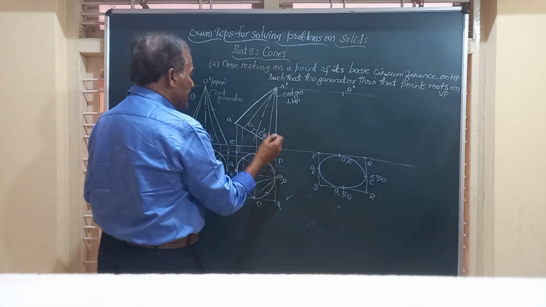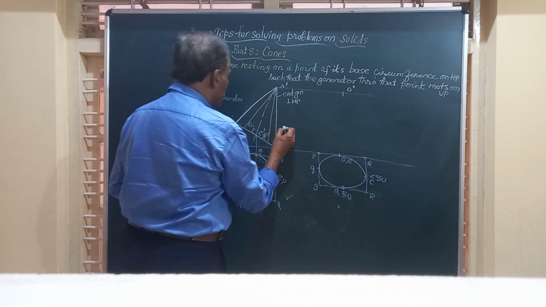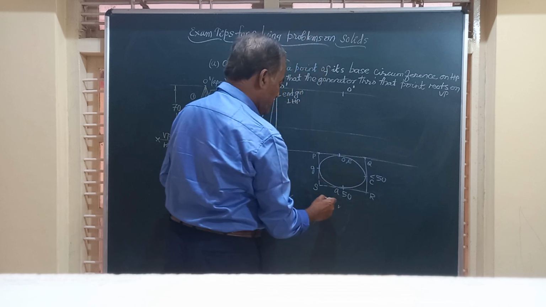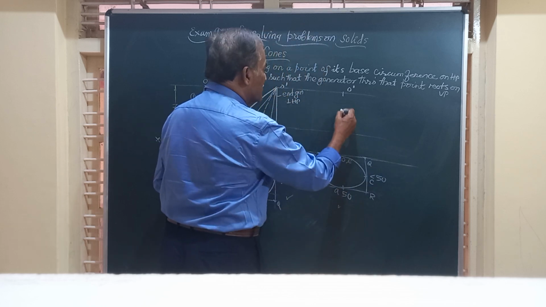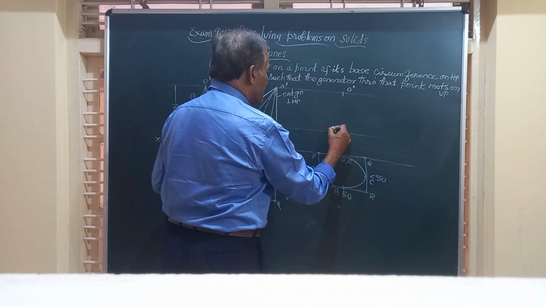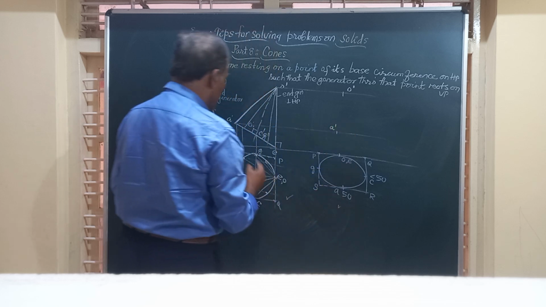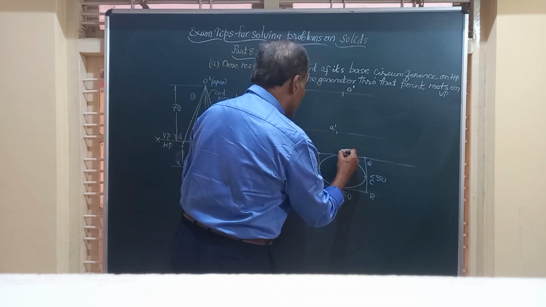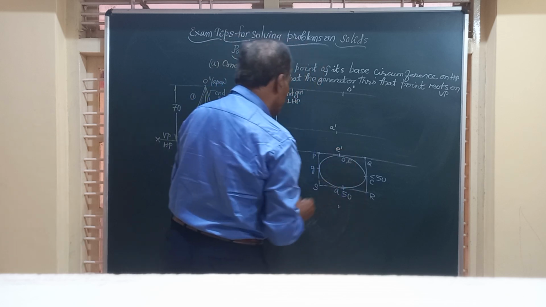And friends, here A and E you will get here. Vertical through A and horizontal through this point is going to be the point A dash. Then here you are going to get E dash. So A dash, E dash.